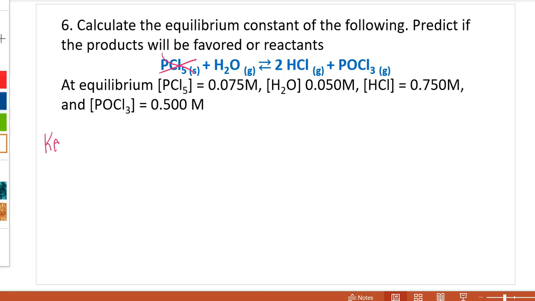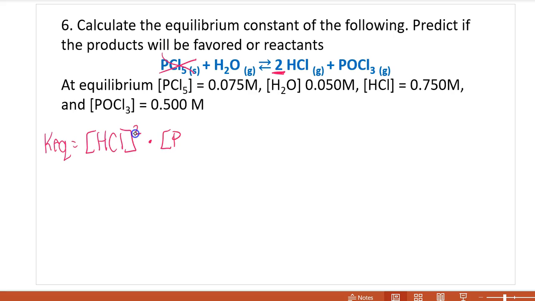KEQ is equal to products over reactants, each raised to the power equal to their coefficient. Hydrogen chloride gas has a coefficient of 2, so we're going to square it. If you have more than one product or more than one reactant, we multiply those values together. We don't add them. All right, products over reactants.